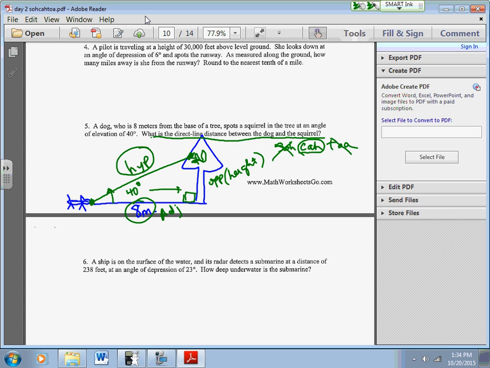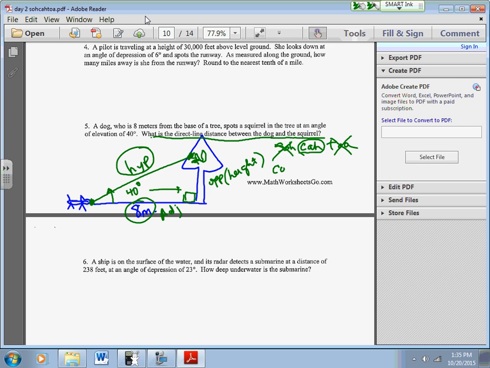You're not going to use tangent because tangent is the opposite over the adjacent. You could use tangent, get the height of the tree, and then you could do Pythagorean theorem to get the hypotenuse if you wanted to. But you understand that you can go right into solving it and just use the cosine.